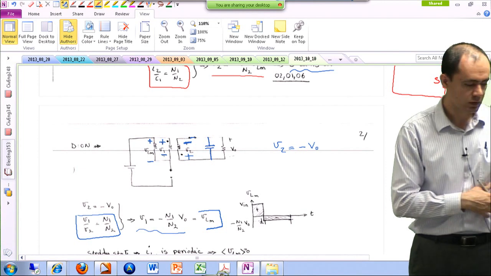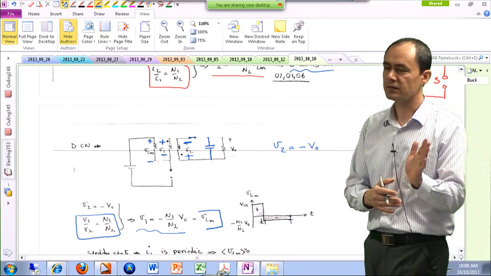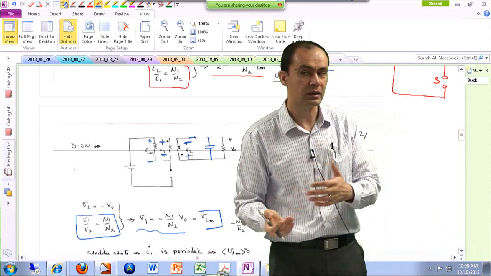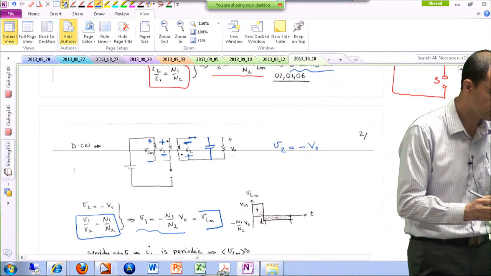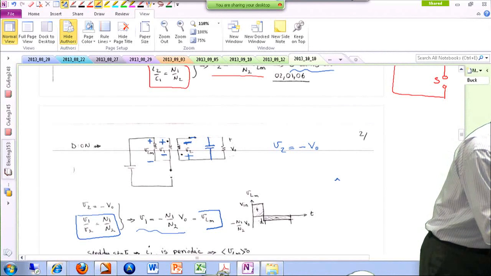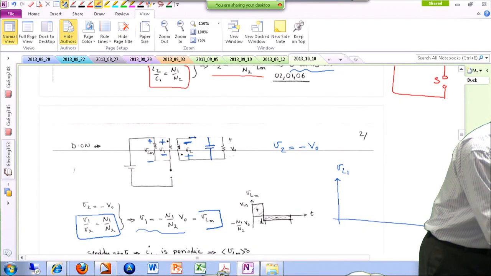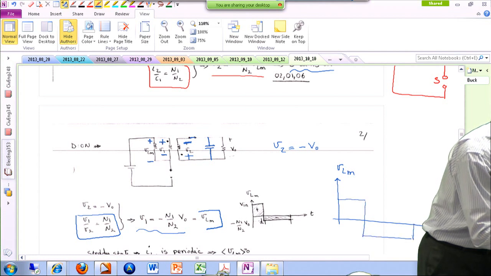All right. So you can see in the first mode we were applying Vin across the magnetizing inductor. Over here we are applying a negative voltage, which is the reflection of the output voltage. So if you want to draw this, it would be something like this.